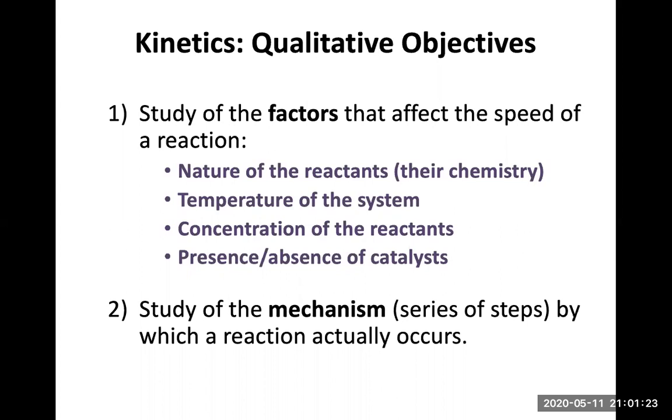If you haven't come across the definition of a catalyst before, it's a pretty interesting chemical. It's something that is present in a chemical reaction mixture that causes the reaction to go more quickly, but is itself not even part of the reaction. What we'll find out later is that often catalysts are reactionary intermediates.